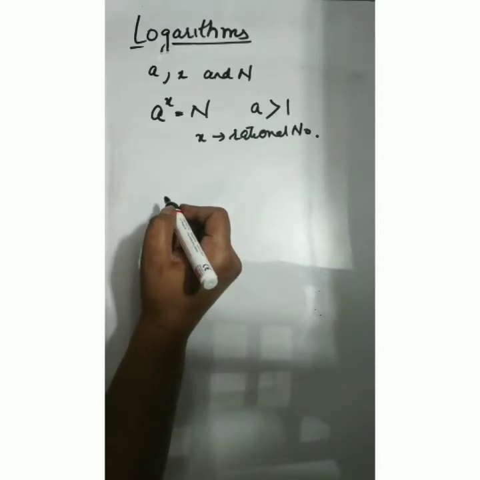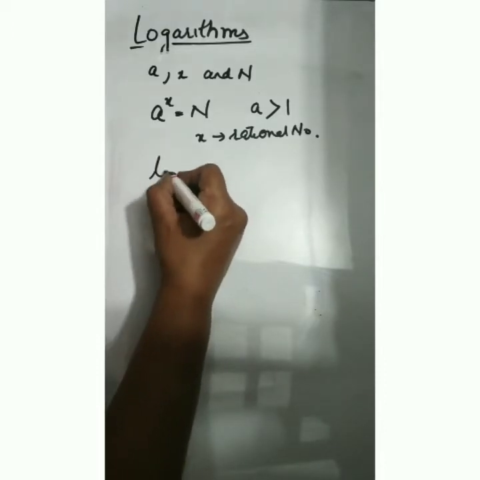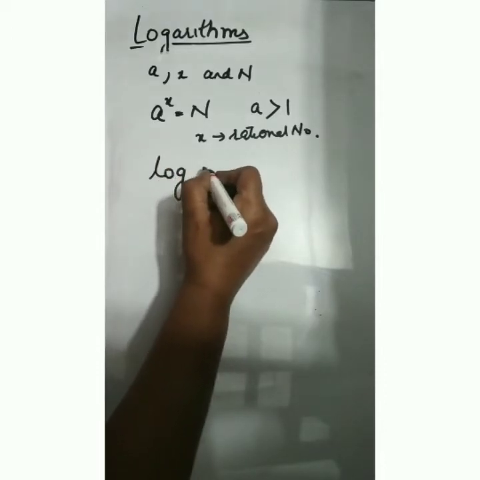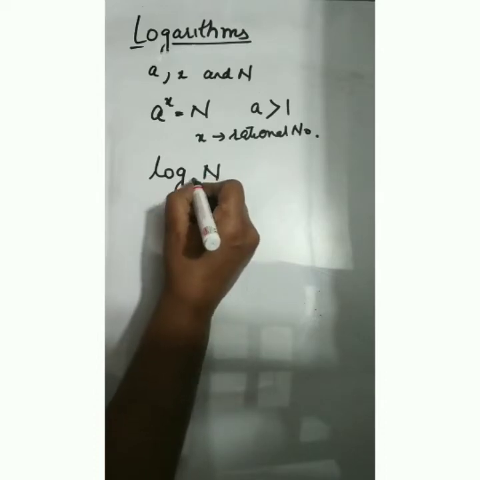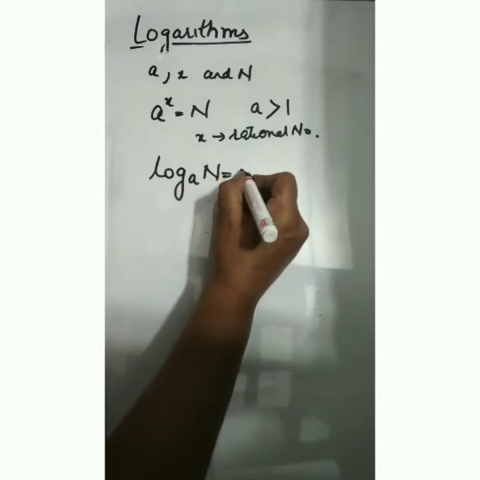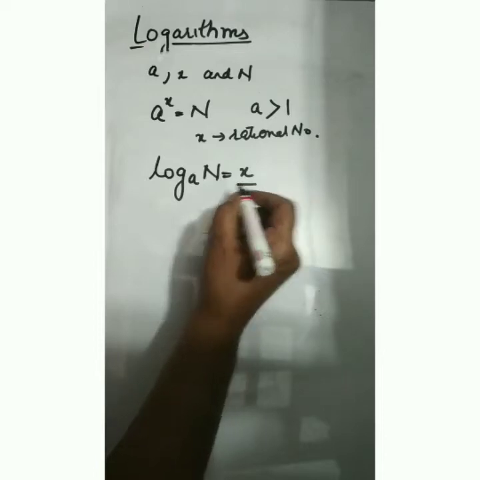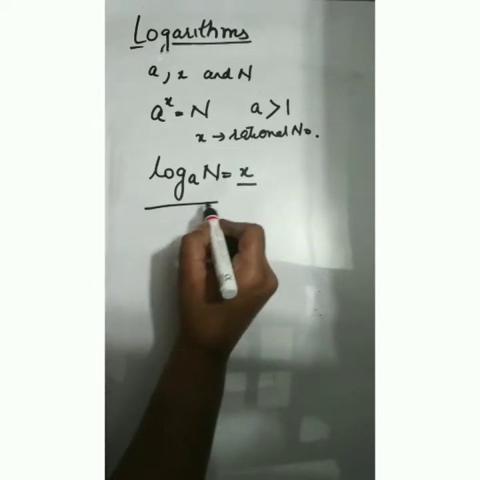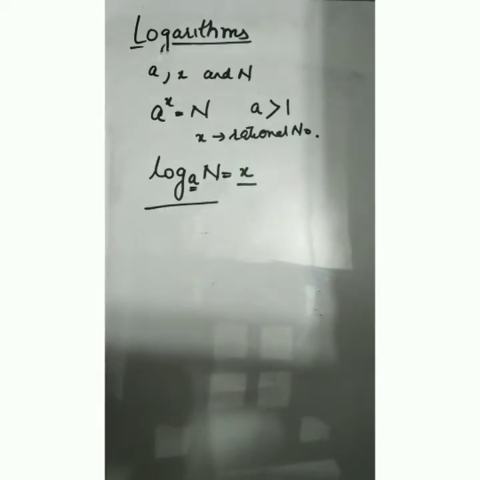So in terms of log, we can write log of n to the base a is x. So x is the log of n with the base a here. Right? So the number x is called the logarithm of the number n to the base a.